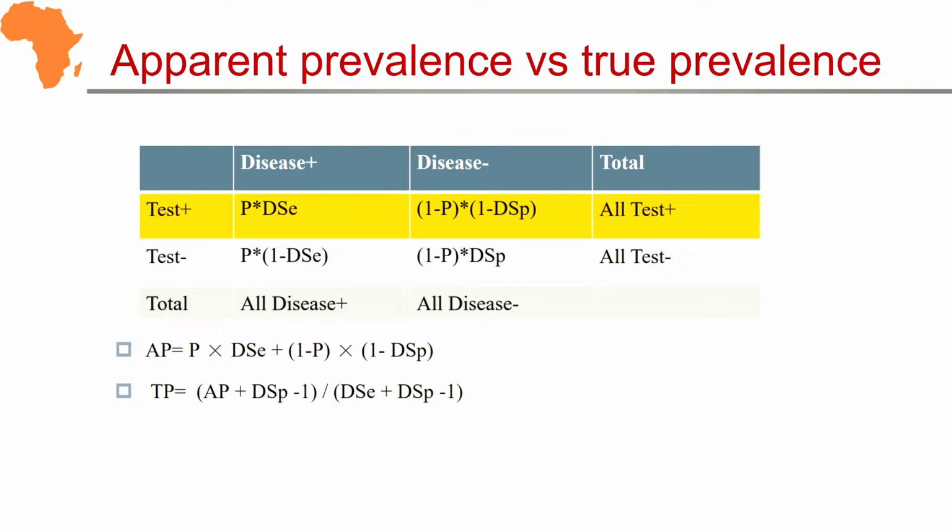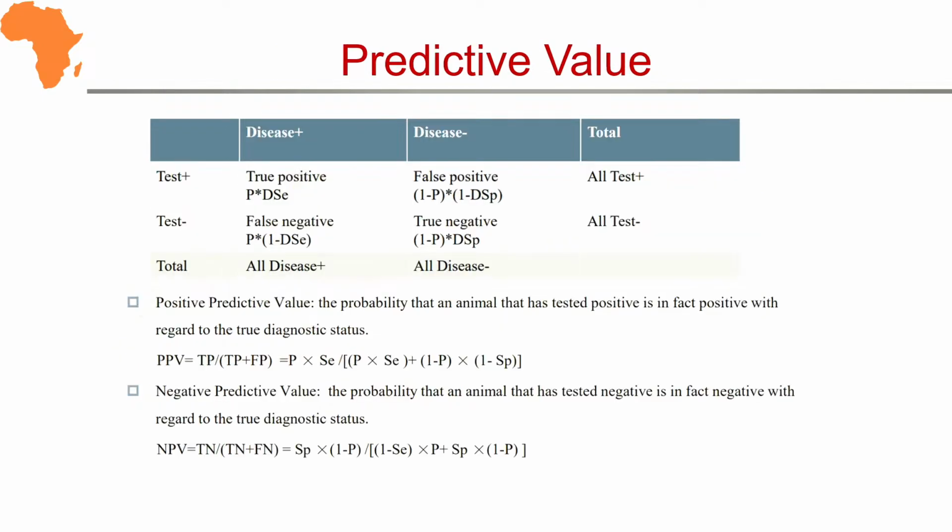Let me come to this. Allow me just to finish this so that when you come back, we are doing other different stuff. I've just opened it up to the predictive value. That one we are doing apparent prevalence and true prevalence. Remember, true positive is prevalence times sensitivity.